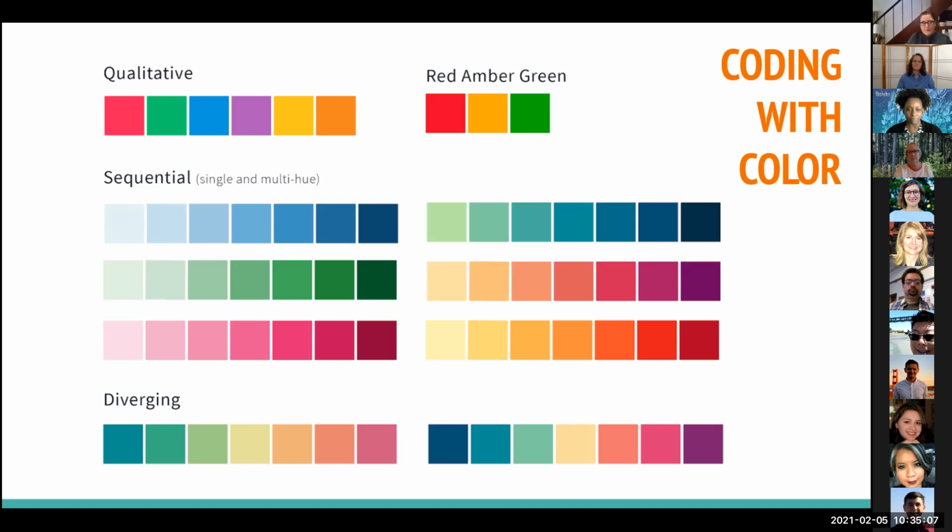What I mean here is, at the top you see qualitative, and you see how each color is separate and they're not related to each other. They're just completely separate colors, and there's no inherent idea of hierarchy there. Purple's not better than yellow. They're just different. So that's the kind of data set you would encode with this color set, called qualitative or categorical, and we'll touch on those data types in a minute.